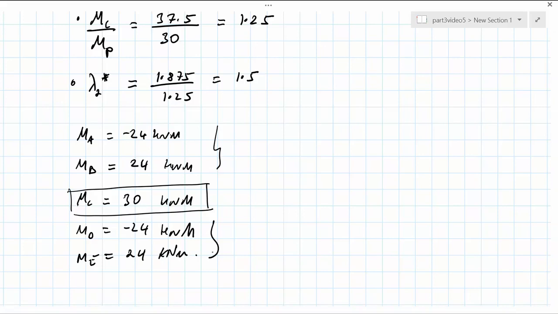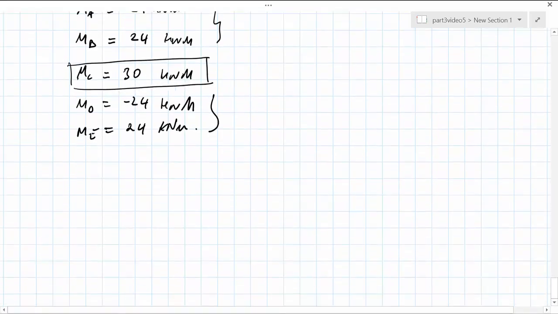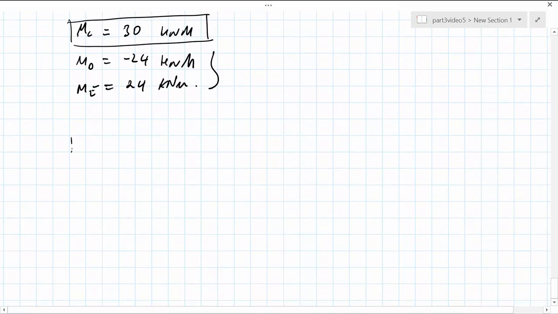One plastic hinge is not sufficient to form a plastic collapse mechanism, so whilst we have satisfied equilibrium and yield, we do not satisfy the requirement for a plastic collapse mechanism to exist. The final step then is to produce what we call the combined mechanism.